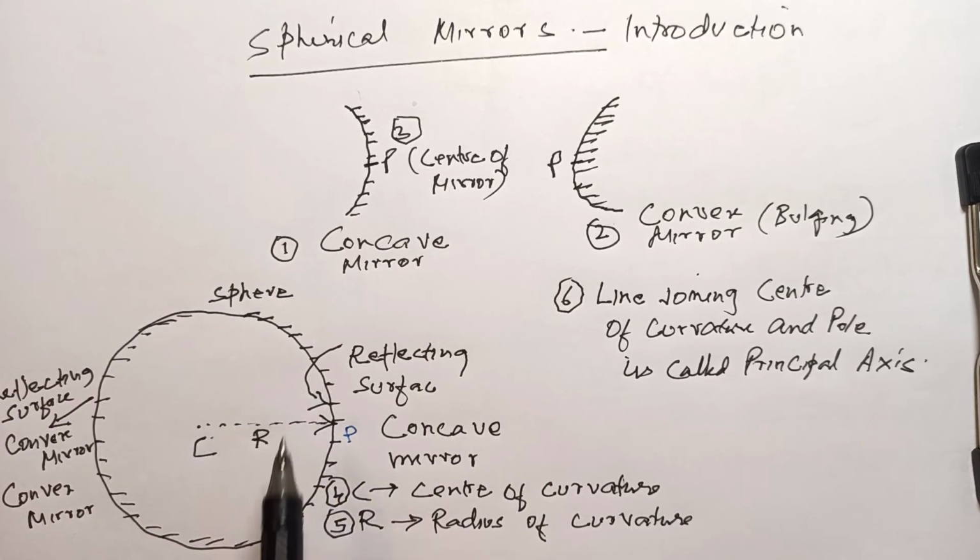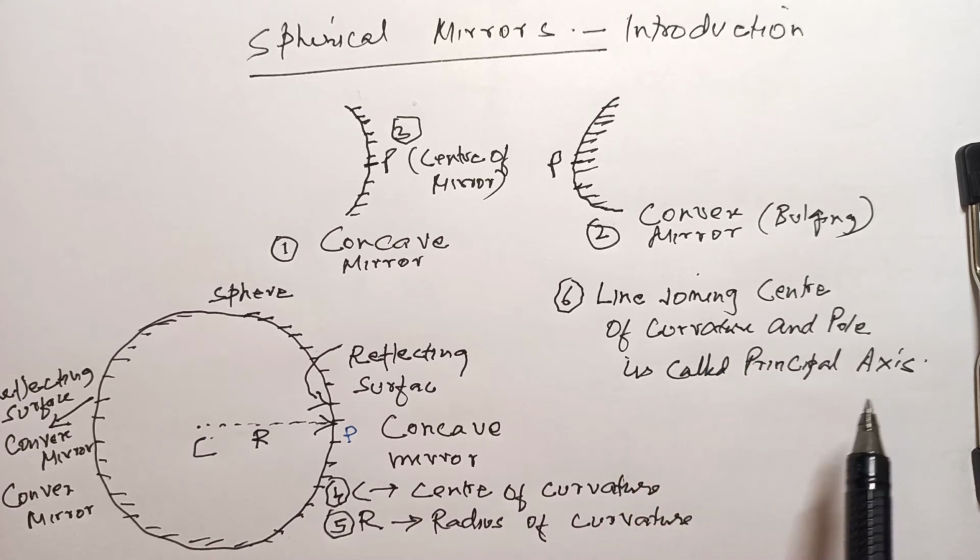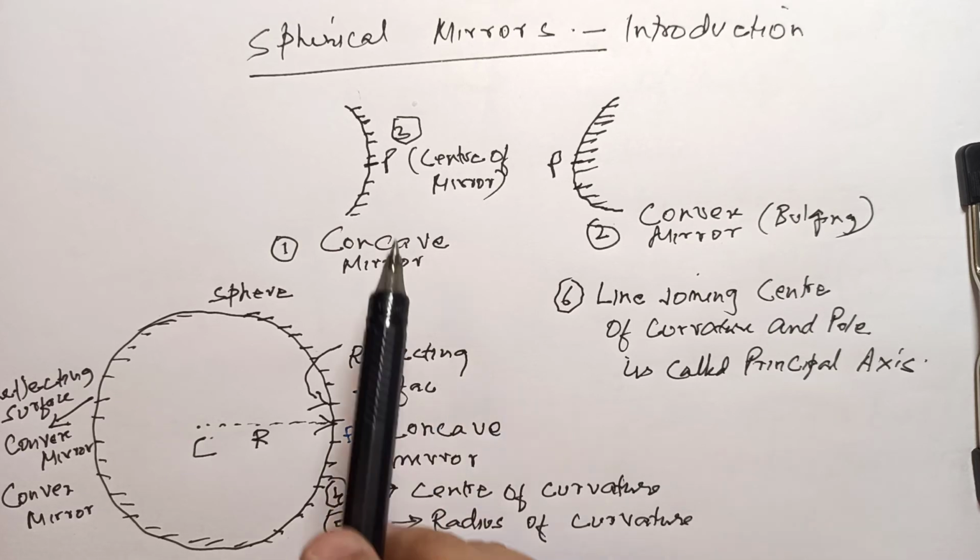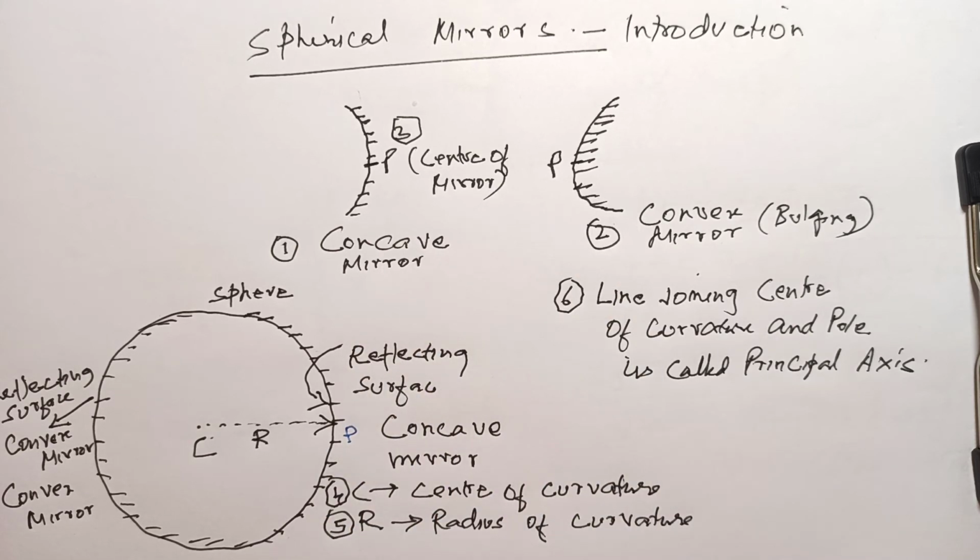If we paint half of the surface outside, this becomes concave mirror, and if I paint the rest half from inside, this becomes convex mirror. C here is center of curvature, R is radius of curvature. The line joining center of curvature and pole is called principal axis. So we covered these 6 things here. These are basic things which we studied in 10th standard, but I am quickly repeating them.